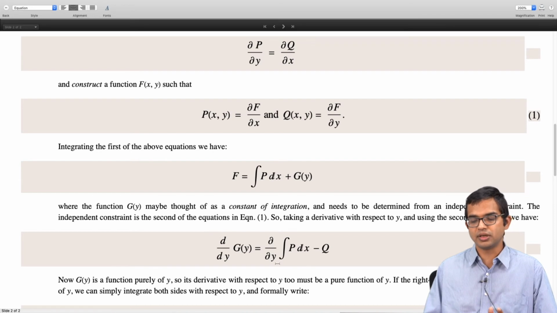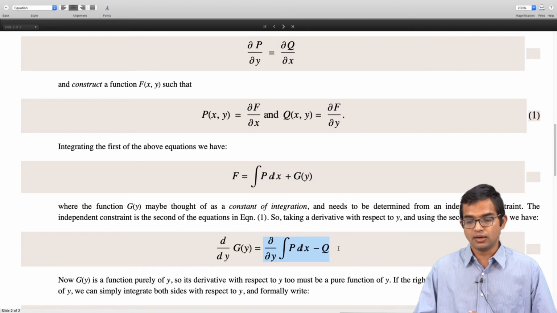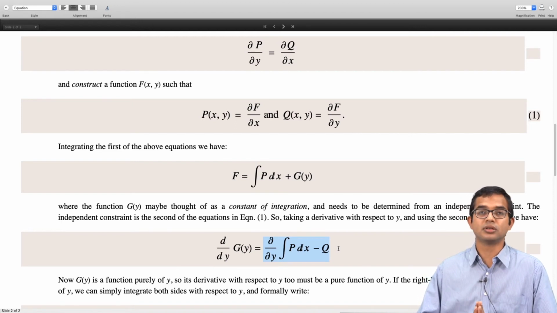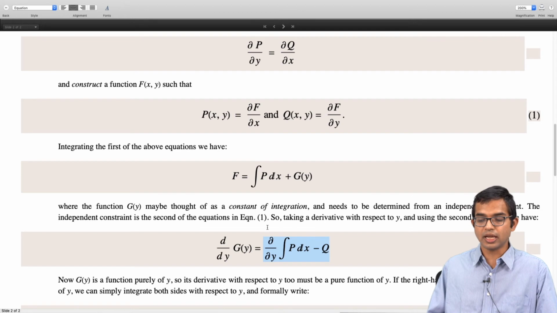You have a partial derivative with respect to y of the function p of x comma y integrated with respect to x, and then you have a minus q of x comma y. The only way this would be a compatible equation is if the right hand side turns out to be purely a function of y alone.